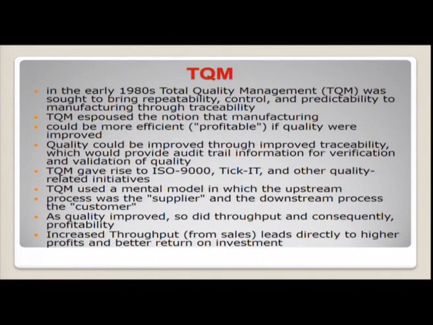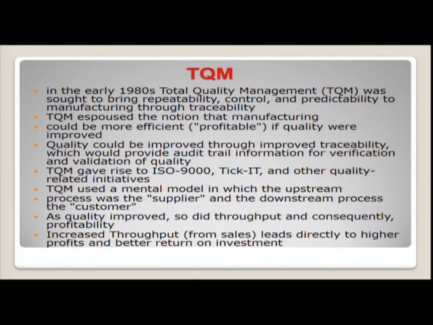Then the next theory is called total quality management. In the early 1980s, total quality management was sought to bring repeatability, control and predictability to manufacturing through traceability. It espoused the notion that manufacturing could be more productive, more profitable, more efficient if quality were improved.